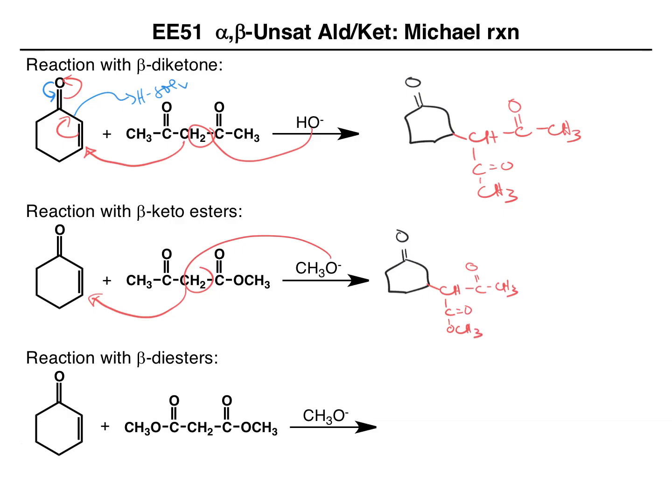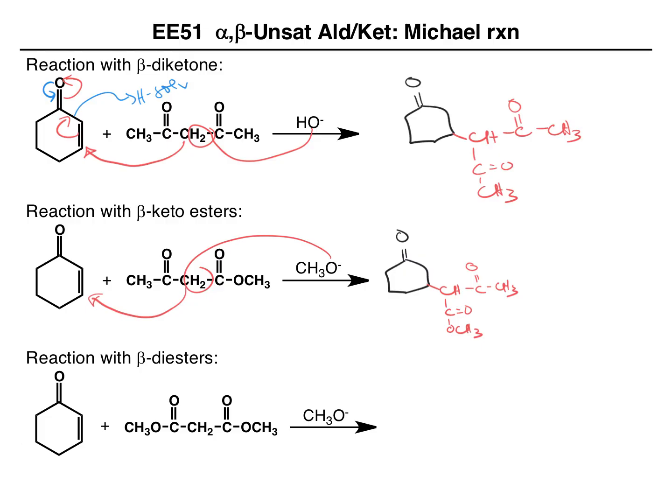Now, maybe this is the target, but keep in mind when we looked at the acetoacetic ester synthesis and the malonic ester synthesis, we saw that we could take advantage of having a beta dicarbonyl compound, but then we could get rid of one of the carboxylates.